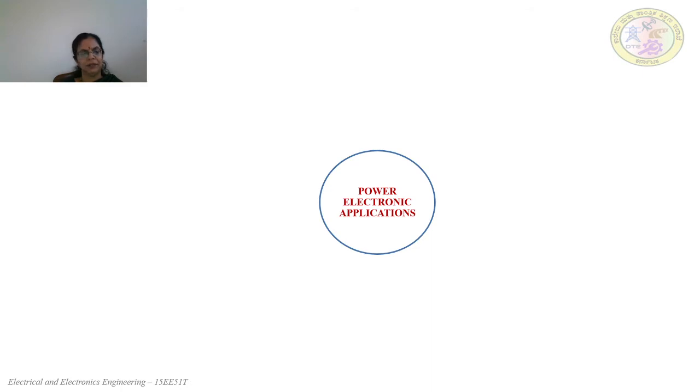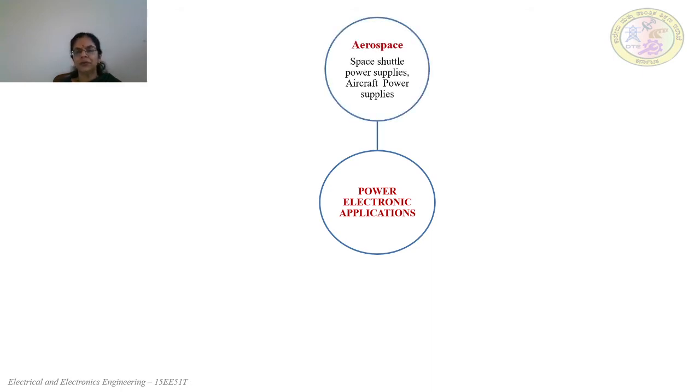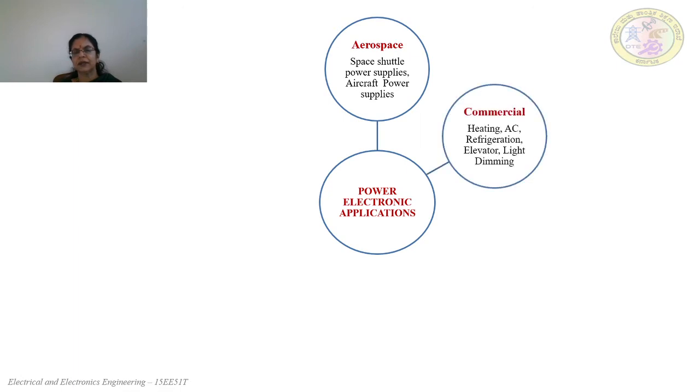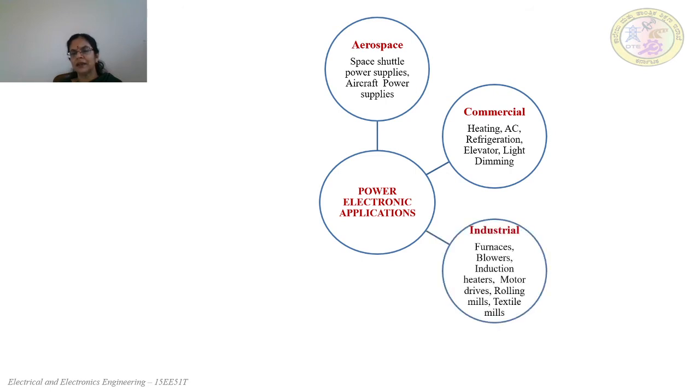Power electronic applications. If you just see the power electronic applications, it can be used in aerospace, that is space shuttle, power supply, aircraft power supplies. Commercially, heating, AC, refrigeration, light dimming, and in industries for furnaces, blowers, induction heater, motor drives, rolling mills, textile mills.